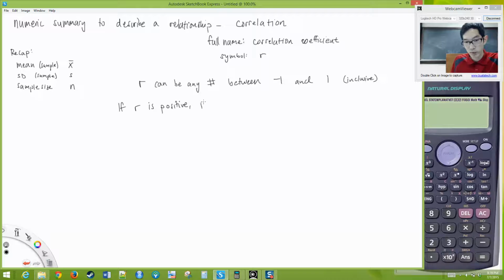So if R is positive, it means the two variables have a positive association. Positive association means what again?